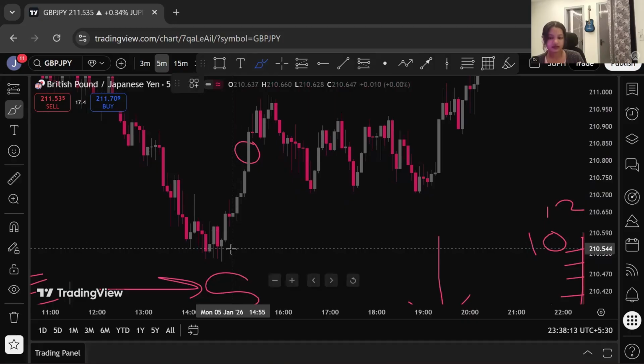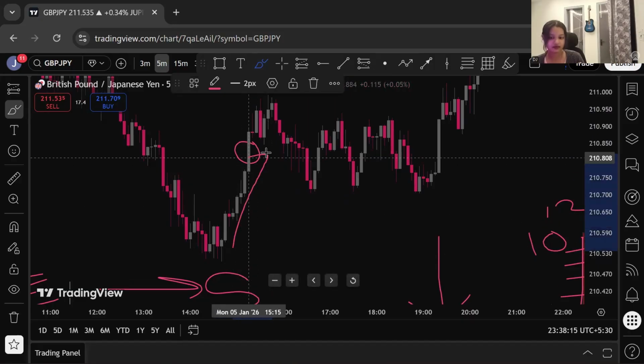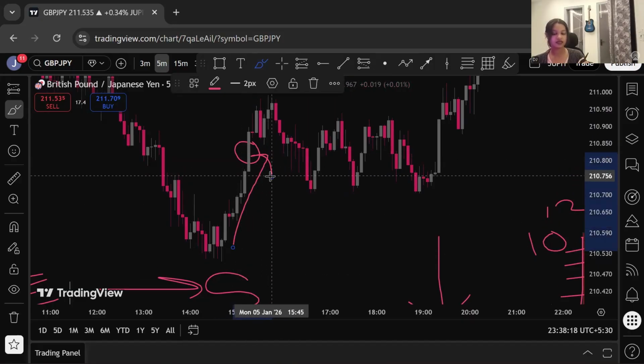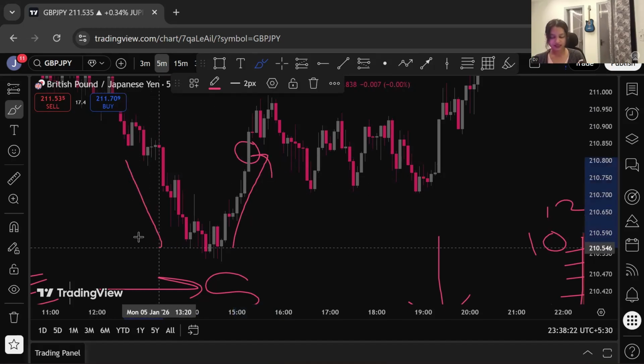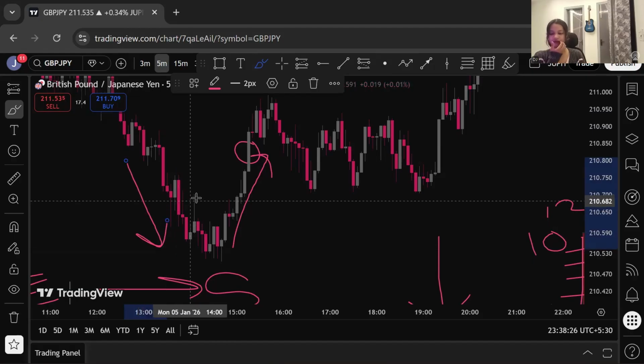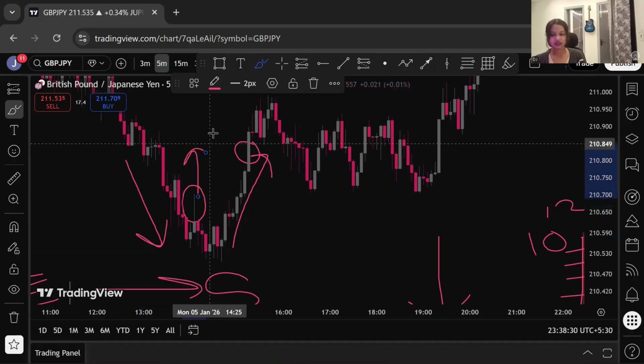A candle that's taking your price higher is your bullish candle. A candle that's taking your price lower is your bearish candle, right? A long upper wick means what? Selling pressure.